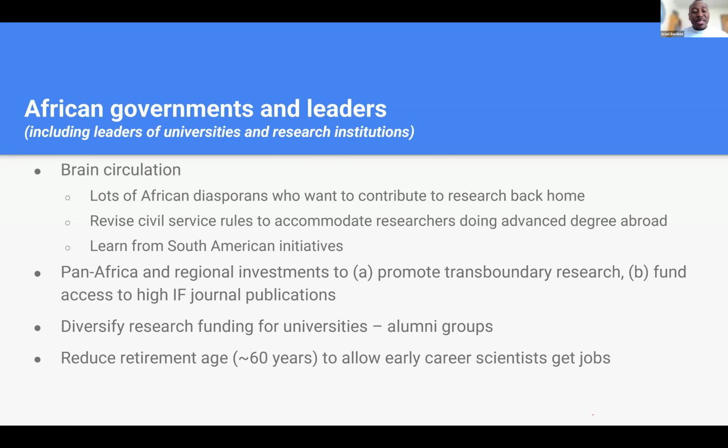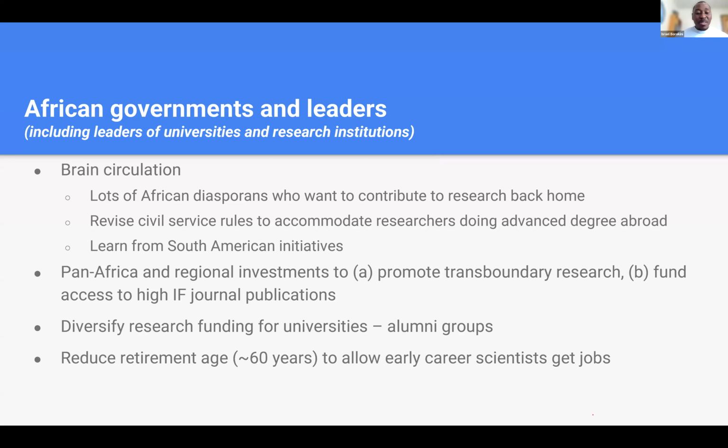I personally think it is important for us to reduce the retirement age for many experts in Africa so as to allow many early career people to get jobs. Up to now, in many institutions, you have to reach 70 years of age as a professor before you can retire. In some government jobs, it's 65 years.